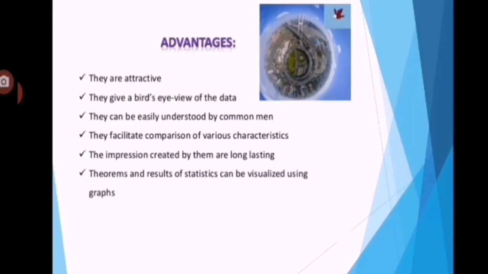The major advantages of graphs and diagrams: they are attractive. They give a bird's eye view of the data. They can be easily understood by the common man. They facilitate comparison of various characteristics. The impressions created by them are long lasting. Theorems and results of statistics can be visualized using graphs. These are the major advantages of graphs.